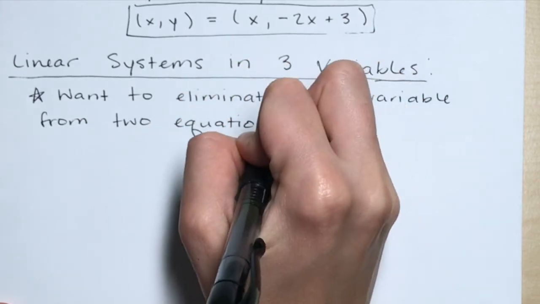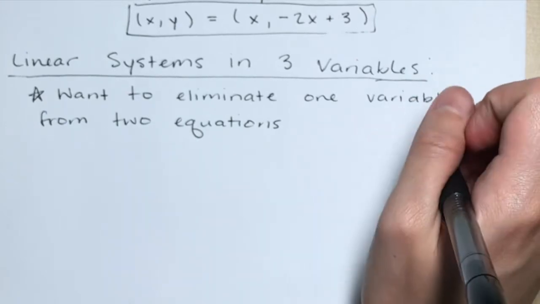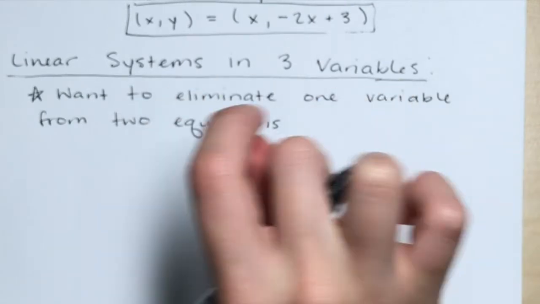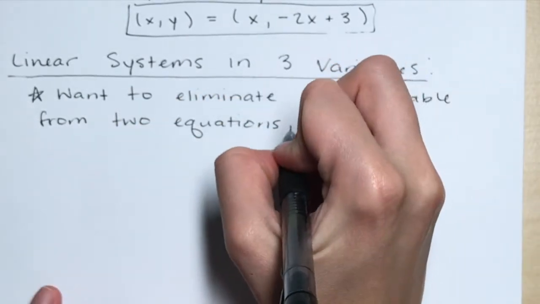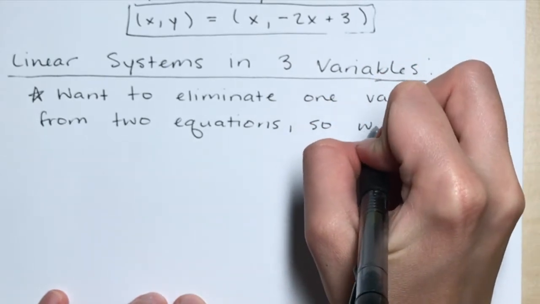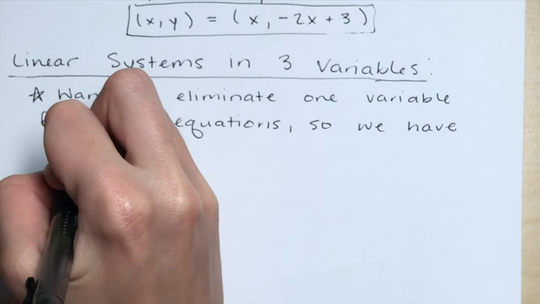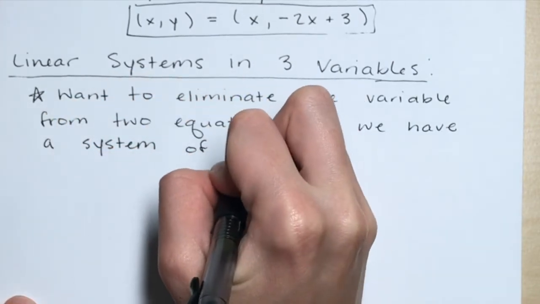If we have 3 equations with 3 variables, if we eliminate the same variable from 2 of those equations, we've got 2 equations with the same 2 variables. So we have a system of 2 variables.